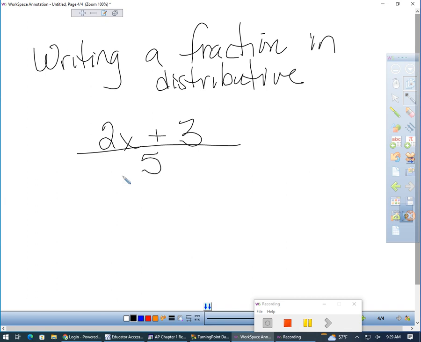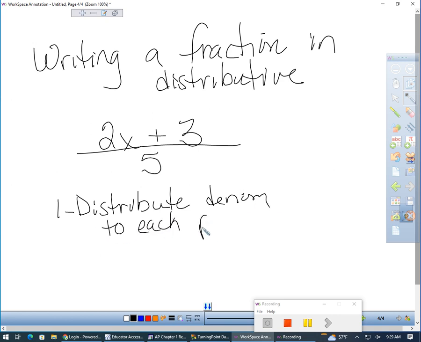So all I'm going to ask you to do is step 1, distribute the denominator to each part. So that's step number 1. So here I'm going to put 2x over 5, middle process is plus, and then 3 over 5.